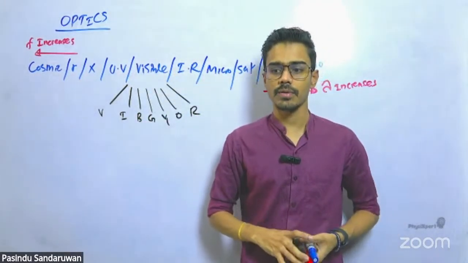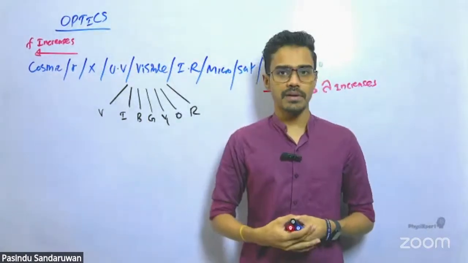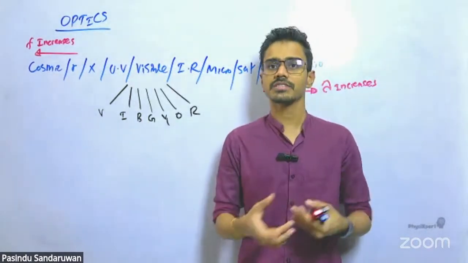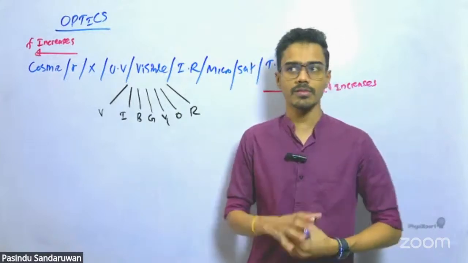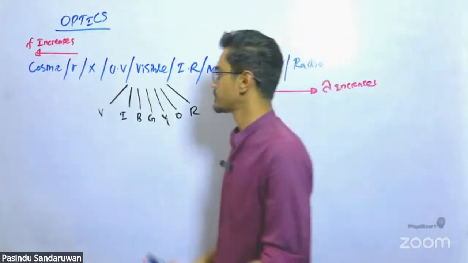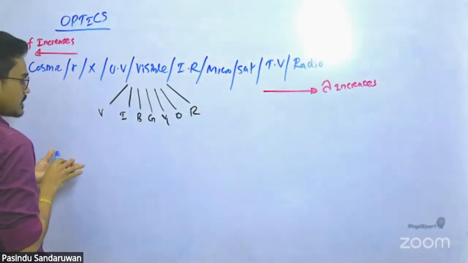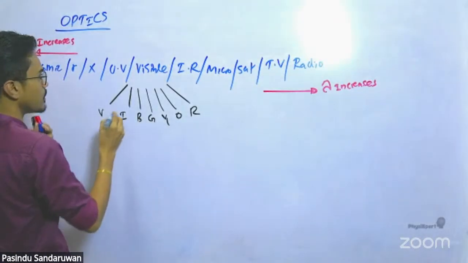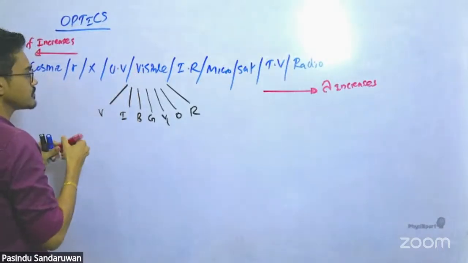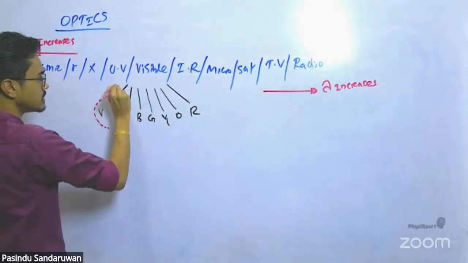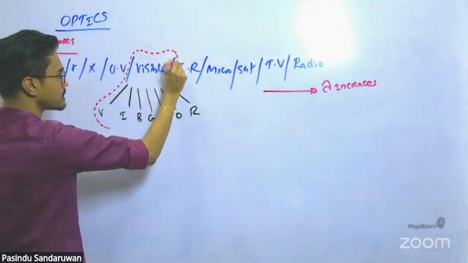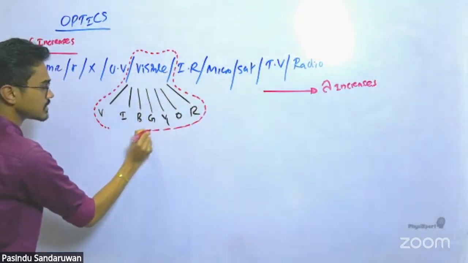Basically, light means visible light, and optics is all about visible light. We are going to learn about this in depth under this lesson.